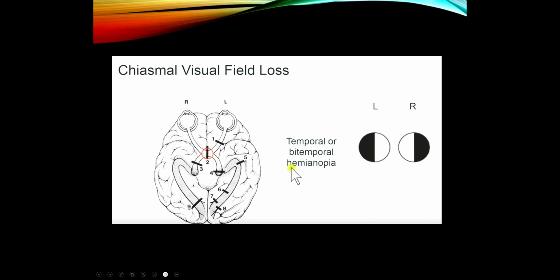Hemianopia is just a visual loss, hemi is half. Okay, so a bitemporal hemianopia. So if you see a visual pattern like this, where the outer temporal visual fields are lost in both eyes, the lesion has to be right here at the optic chiasm. Okay, so we'd get an MRI and we'd expect to find something compressing the optic chiasm.